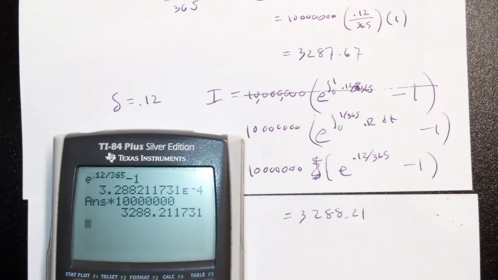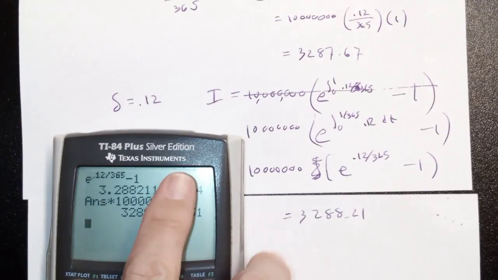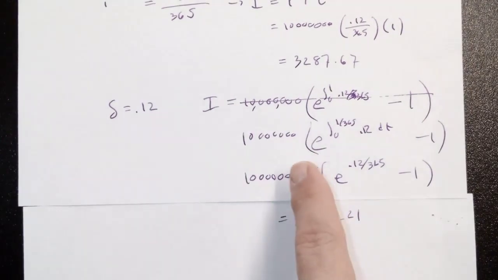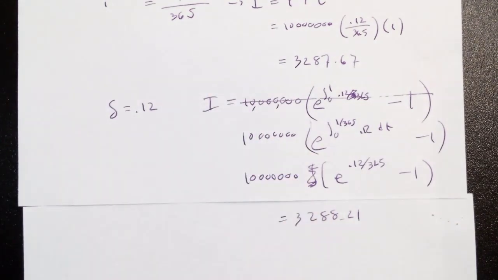I had to do a bunch of this with tables and a slide rule. I mean, we did this by hand. This is a faster method than writing out all the decimal places involved in doing 0.12 over 365.